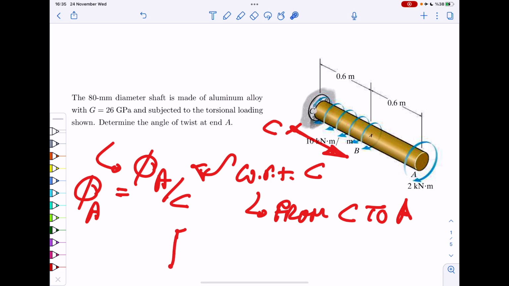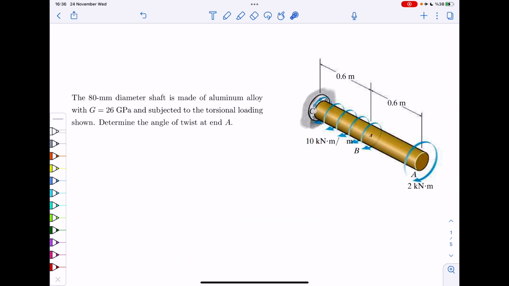Because remember, this formula for the angle of twist has an integral from C to A, and if you don't use the coordinate system properly, then you would need to be careful about the minus sign. You get something strange there. So to be consistent is, I think, the most important part in this sort of questions.